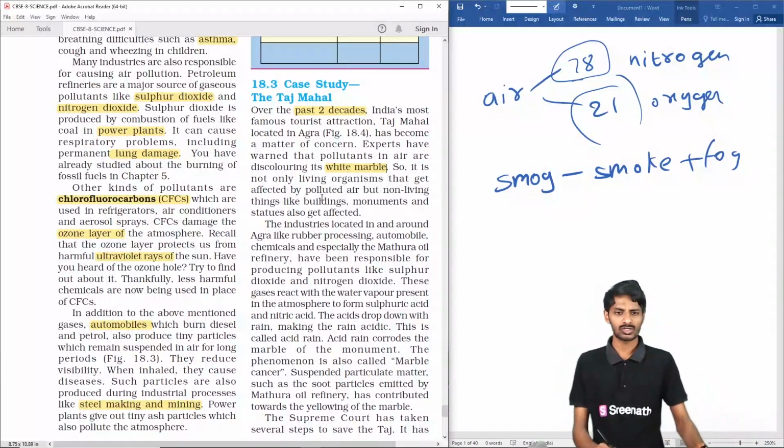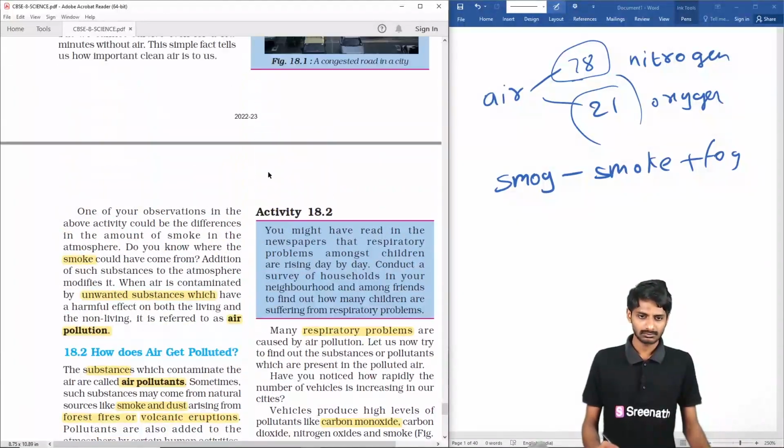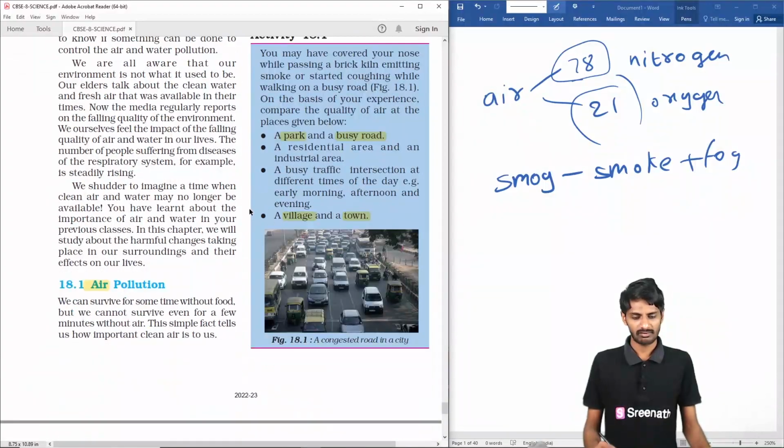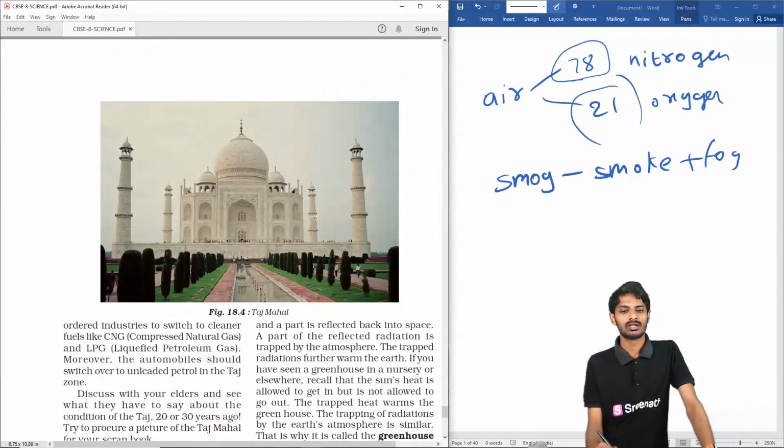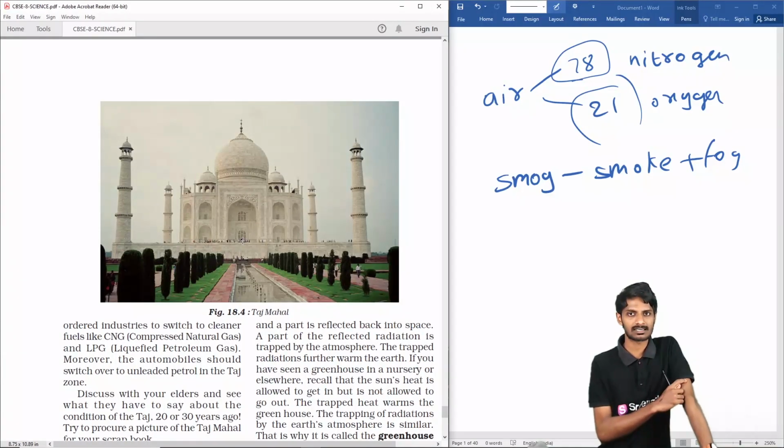If you see the Taj Mahal, students, it is so white. I will show you. It is so white. Its beauty is in its whiteness, but because of the air pollution, it is losing its beauty.